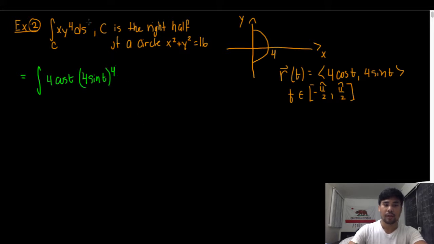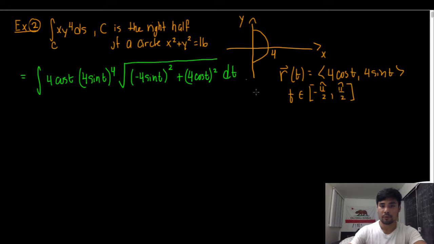Then ds represents arc length, so we take the differential of 4 cosine t, which is negative 4 sine t, and square it, plus the derivative of 4 sine t, which is 4 cosine t, squared.